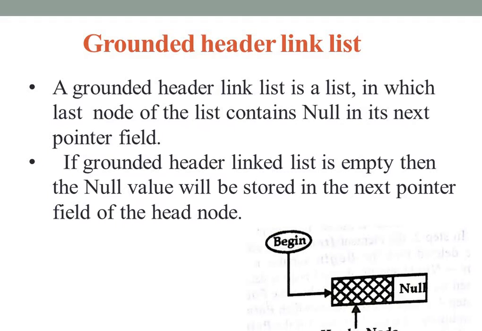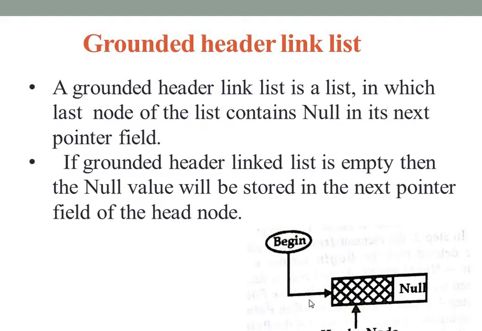Another scenario: if the grounded header linked list is empty, then the null value will be stored in the next pointer field. As you can see here, this is the diagram for the grounded header linked list where it is empty.